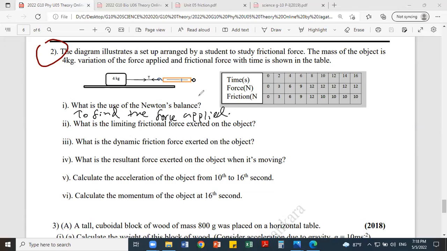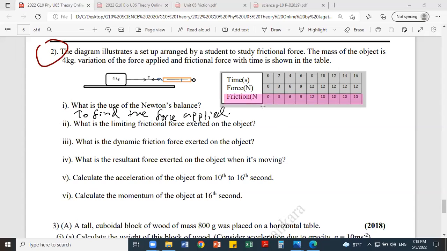Next one, what is the limiting frictional force on the object? I told you, what is the highest value out of this? Well, look at the friction here. I'll highlight this in pink. This is the friction here, the last row. Friction increases.